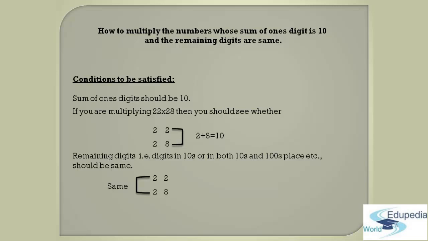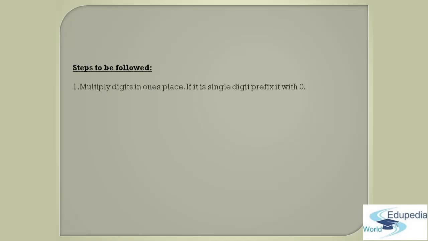Before applying the technique, let us see the steps involved. Step number 1: you have to multiply the digits that are in ones place, and if you get a single-digit number, you have to prefix it with 0.